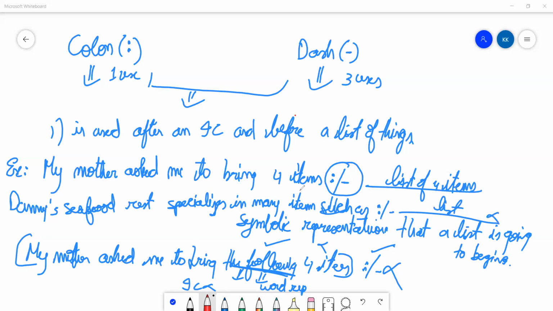This is wrong. This gives rise to redundancy because this is symbolic representation and this is word representation. You are simply doing both the things. You remember the concept of redundancy where you're repeating things. Remember or no? Yes, ma'am. Got it? So this is the logic.